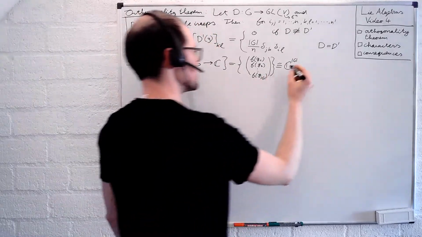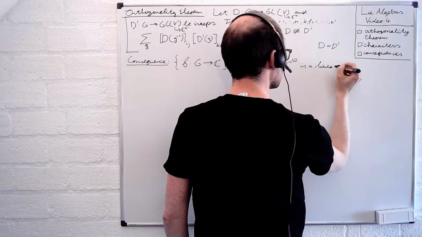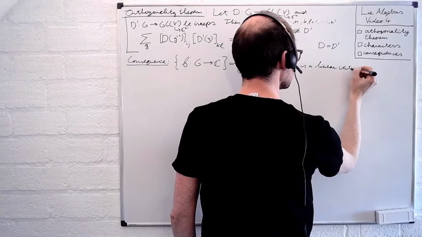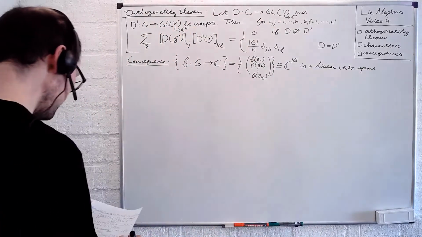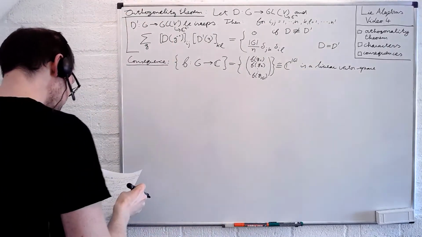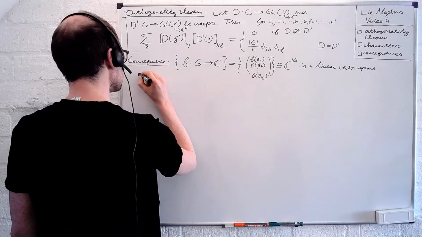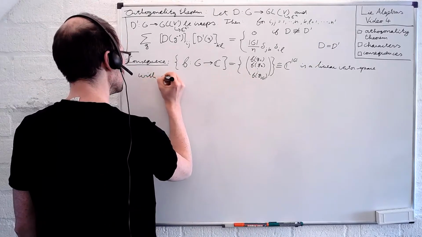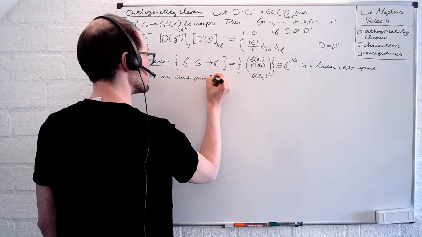So this is a linear vector space, which also naturally has an inner product.